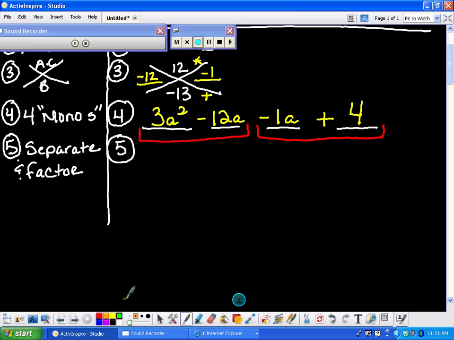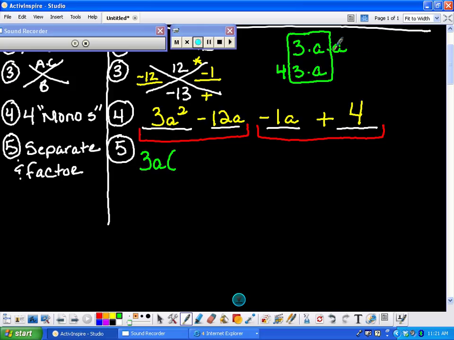Out of 3a squared and negative 12a, I can take out a 3a. Keep in mind that 3a squared is 3 times a times a, and 12a is 4 times 3 times a, so they both share a 3a. That's how we got this.